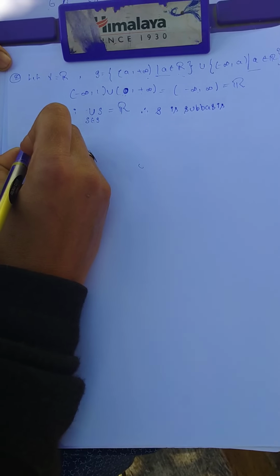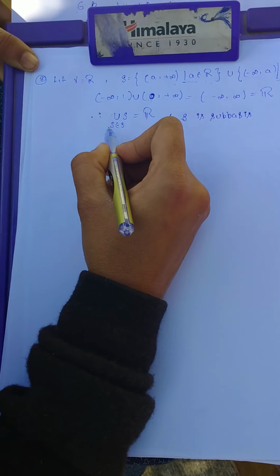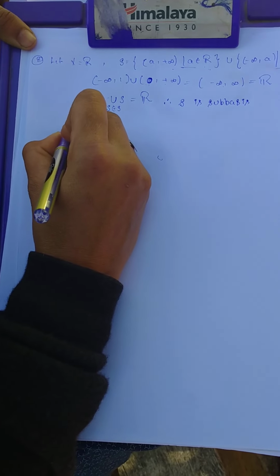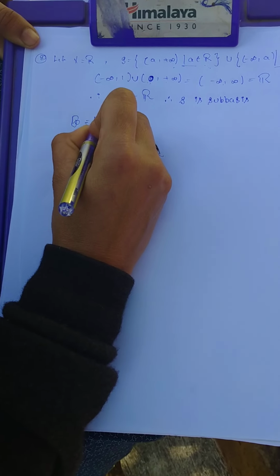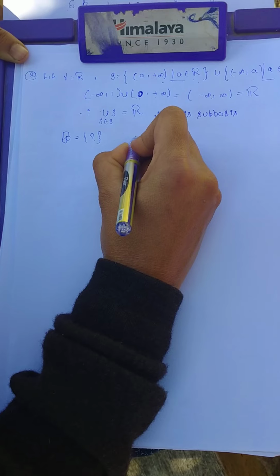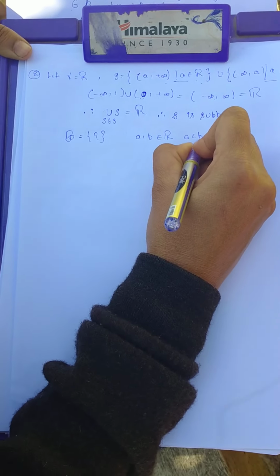Now the topology generated by the subbasis is the topology generated by the basis. What are the elements of B? We take two real numbers a and b with a less than b.